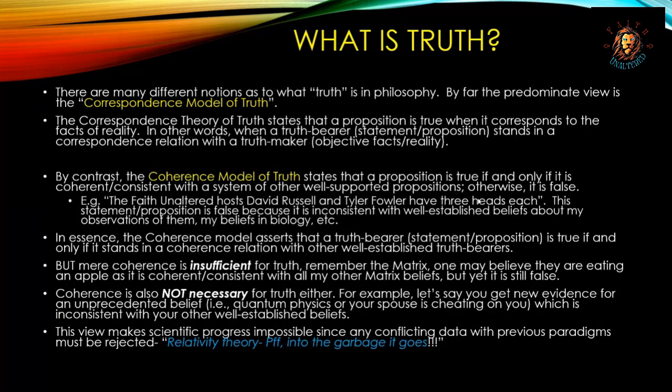Think of quantum physics. All of our other well-established beliefs rule out quantum physics. We would have to never believe in quantum physics or relativity theory, because that is inconsistent with all of our other prior beliefs from Newtonian physics or the physics behind that. We never would have accepted Newtonian physics to begin with. We'd be living back in the Stone Ages with Plato and Aristotle and stuff like that.